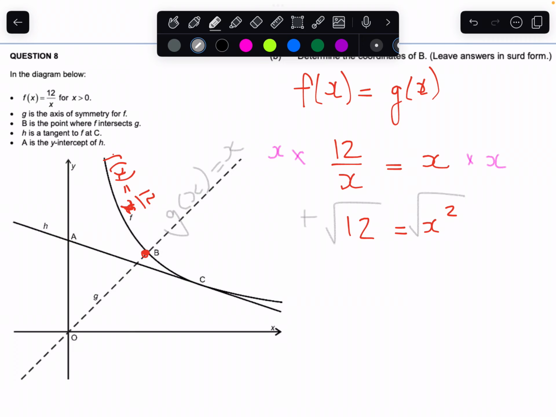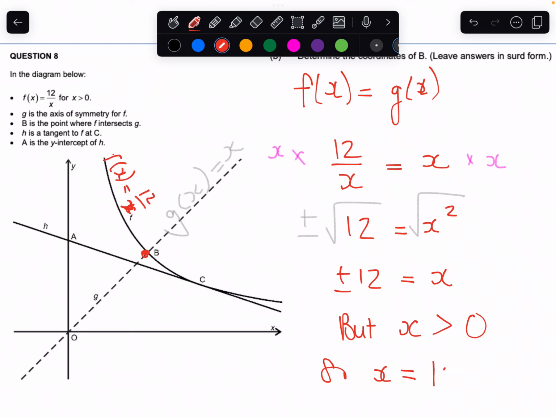So this could be positive or negative, hypothetically. But we know that we're only considering f of x where x is greater than 0, so x can't be negative. So x is then equal to positive root 12. So we now know that the x coordinate is root 12.